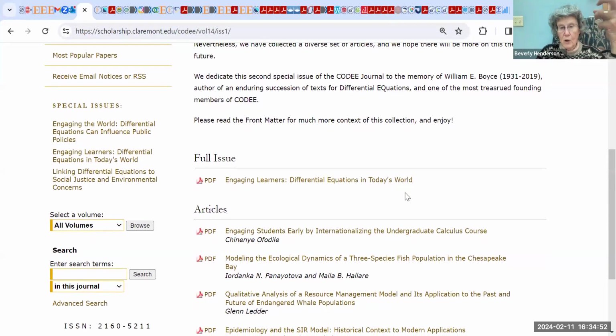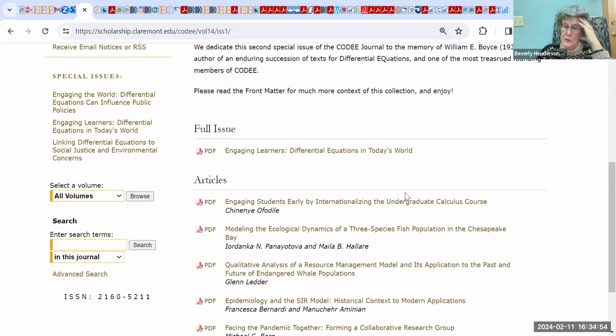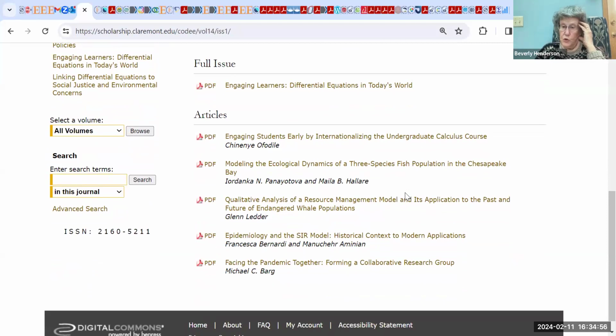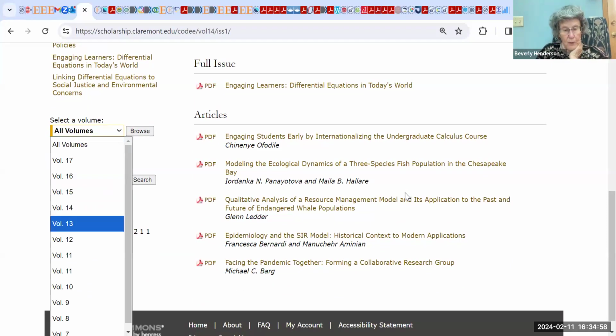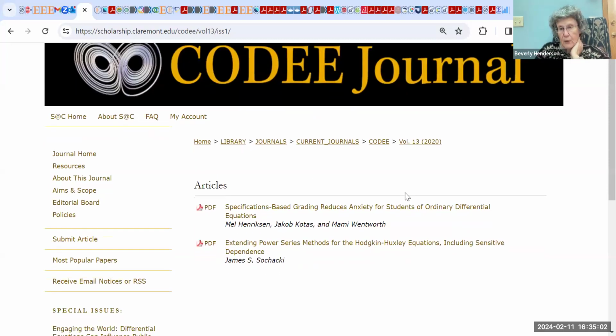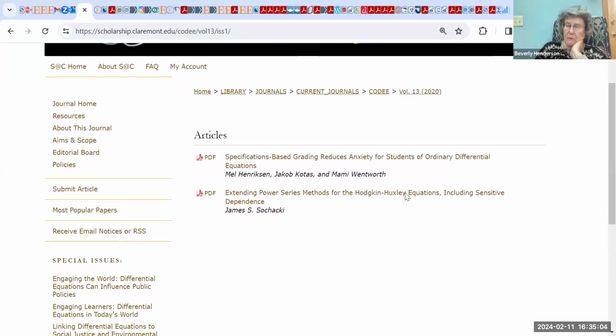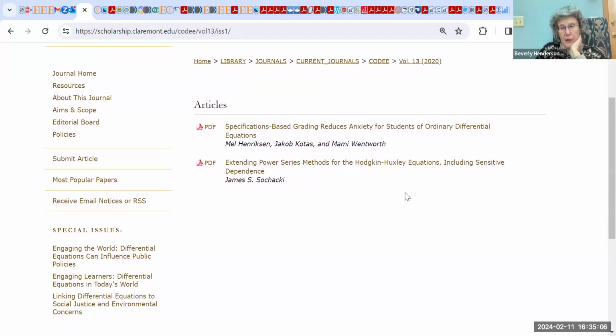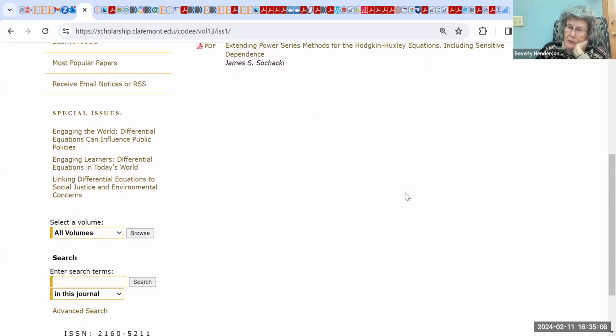But the point I want to make is that we do accept papers from students. We've had several. One was about gossip from the Colorado School of Mines, back in 2018 maybe, and that's one of the top papers overall.